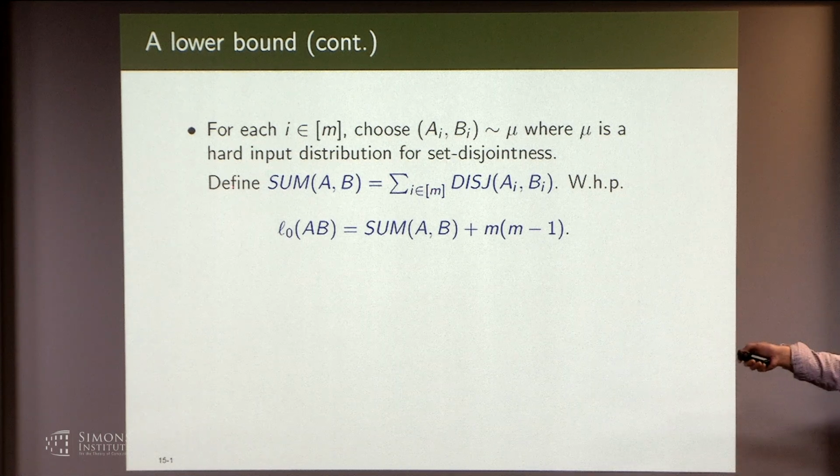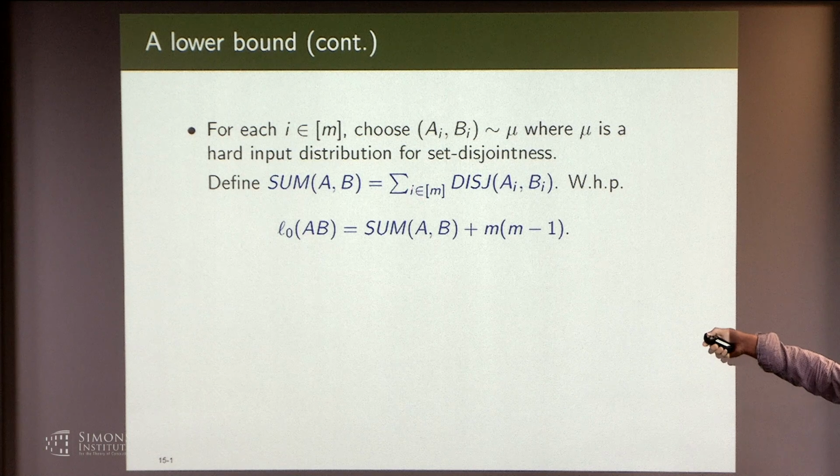Then we define sum AB to be the sum of the outputs of this set intersection join. Then we can show that with high probability, the L0 norm of AB is equal to sum AB plus this extra term, roughly m squared.